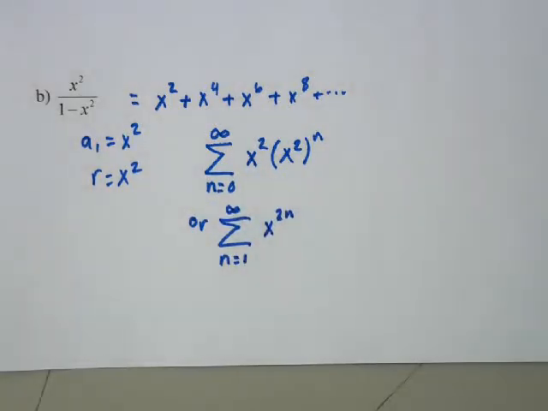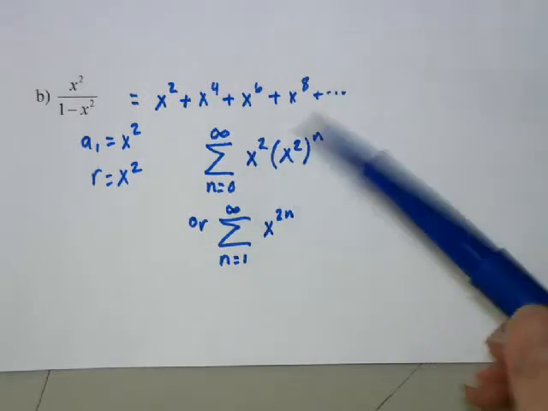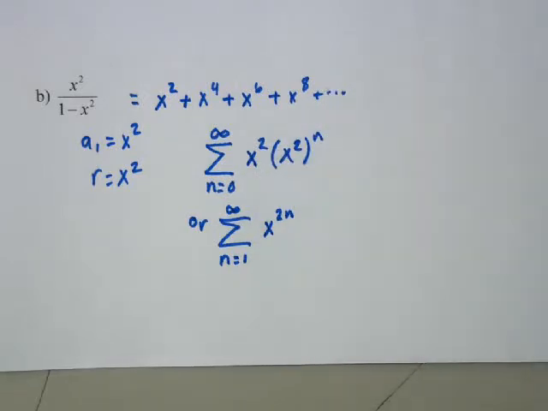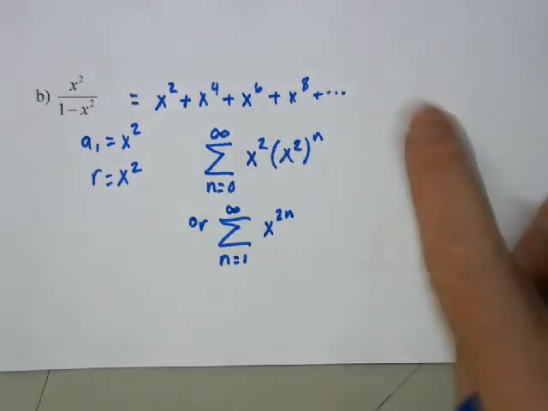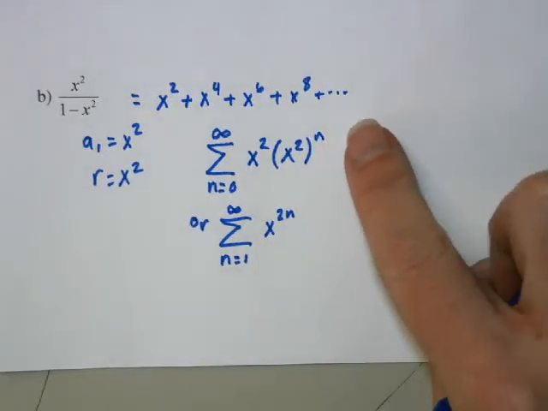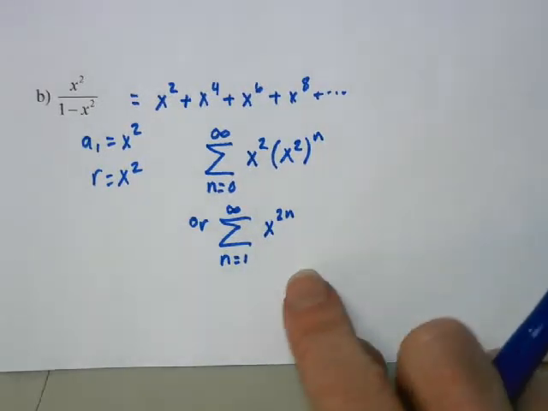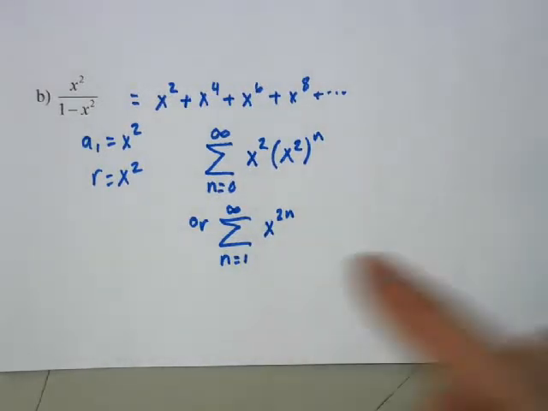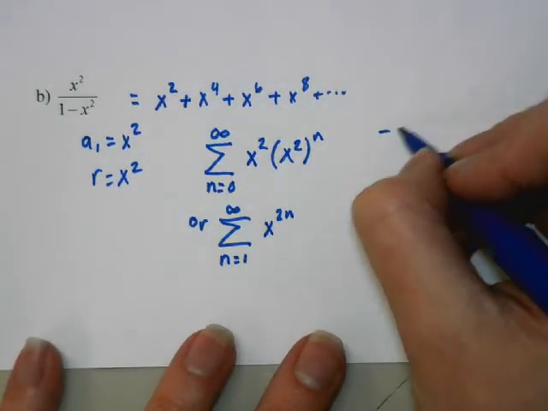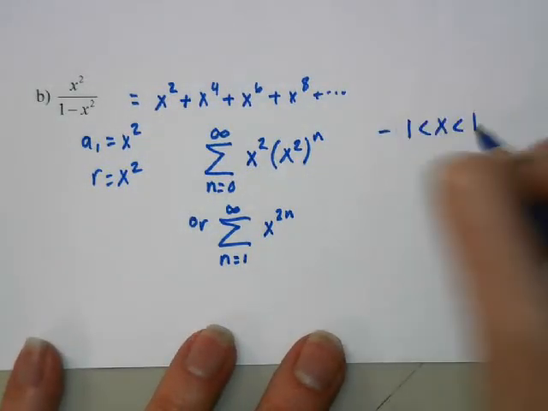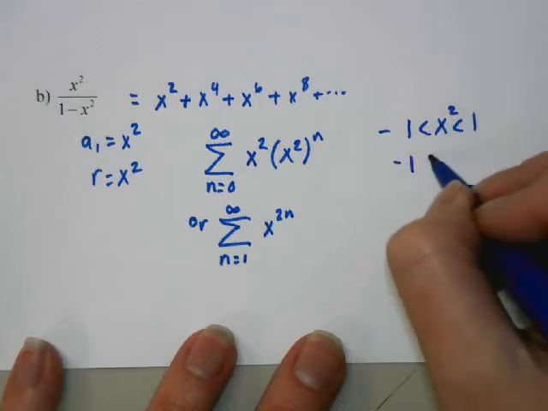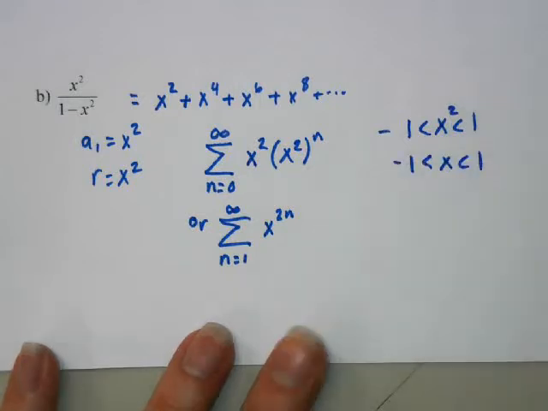That would give me the same thing. So there's multiple ways, but if we just want to dump it into a1 times r to the n, we're there. Another thing to consider, questions like this would almost always be multiple choice, so you would just have to match it. Common ratio: -1 is less than x squared is less than 1 when x is between -1 and 1.